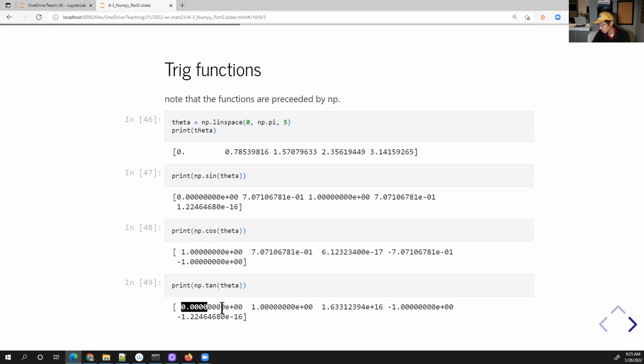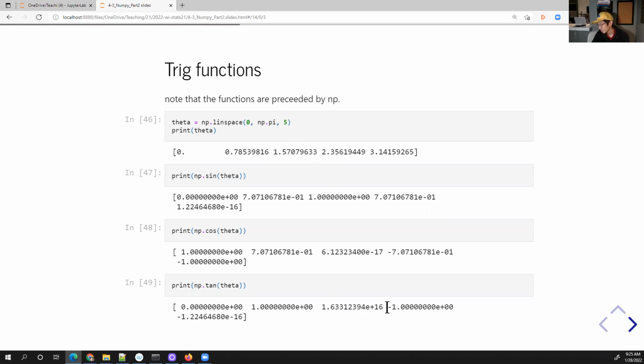So what do we have here? We have 0, then pi over 4 is 1. Pi over 2, it's not quite infinity. It's 10 to the 16, and that's a far cry from infinity, but I think this is just a limitation of dealing with a rounded off number. But we can see it gets really big.